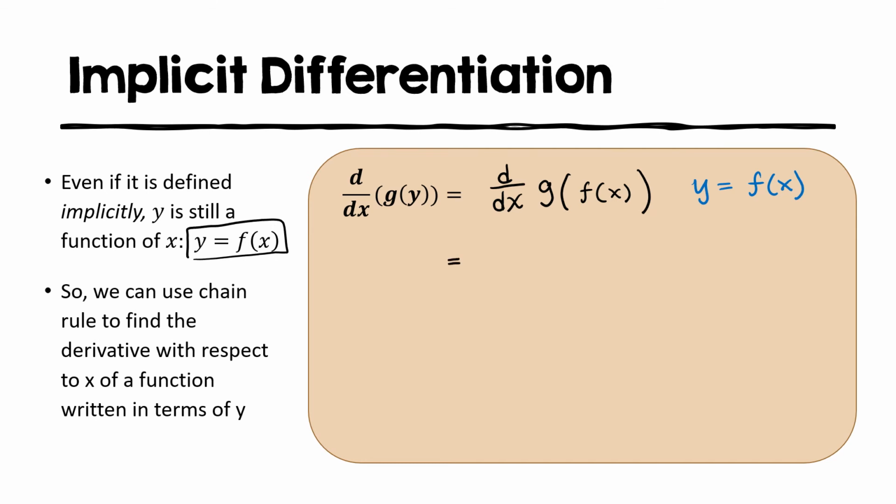And now we have chain rule. We have the derivative of a function with another function inside of it. So it'll be the derivative of the outside function g with the inside function f of x unchanged inside still, times the derivative of the inside function, so the derivative of f of x, which is f prime of x. So this is just using chain rule.